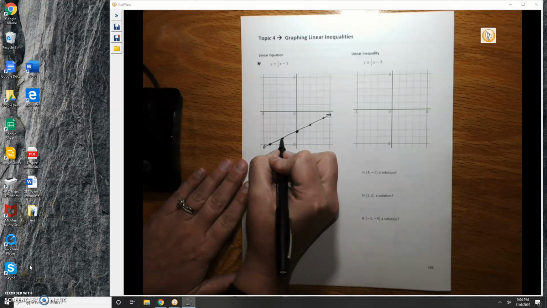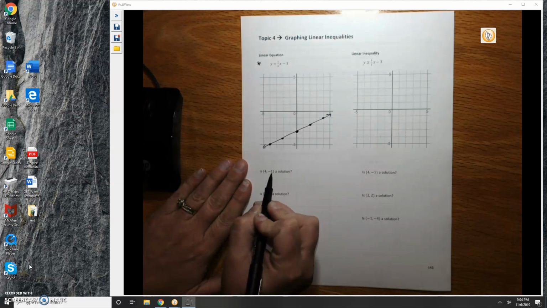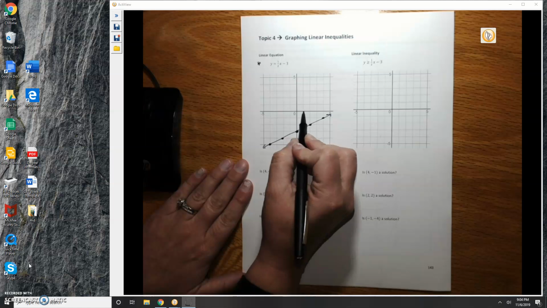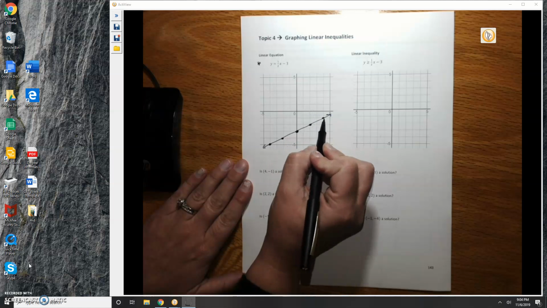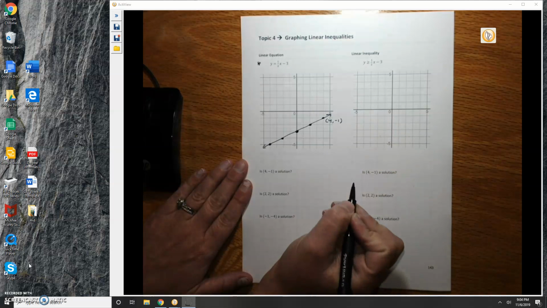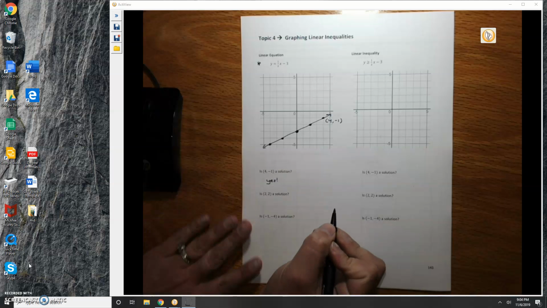So we can sit down and look at these down below. We can say, hey, is 4, -1 a solution? Well, to figure out whether 4, -1 is a solution, we just need to look at our graph. 4, -1, 1, 2, 3, 4, -1. Sure enough, 4, -1 is on our line. So yes, this is a solution. It is on our line.